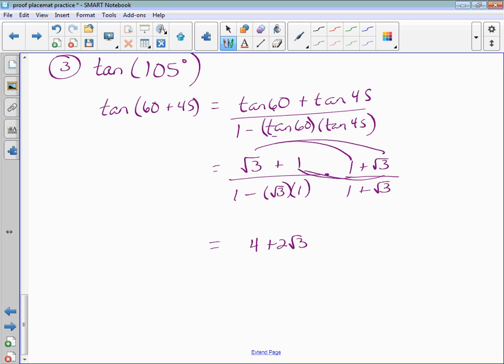What do I get in the denominator? I get 1 plus √3 minus √3 minus 3. So what's 1 minus 3? -2. So then I'm just dividing everything by -2, and I get -2 minus √3.